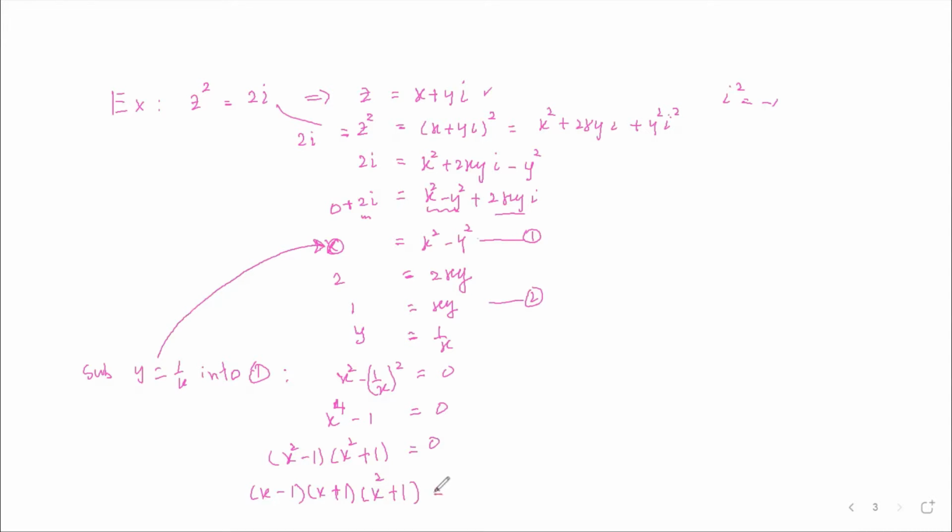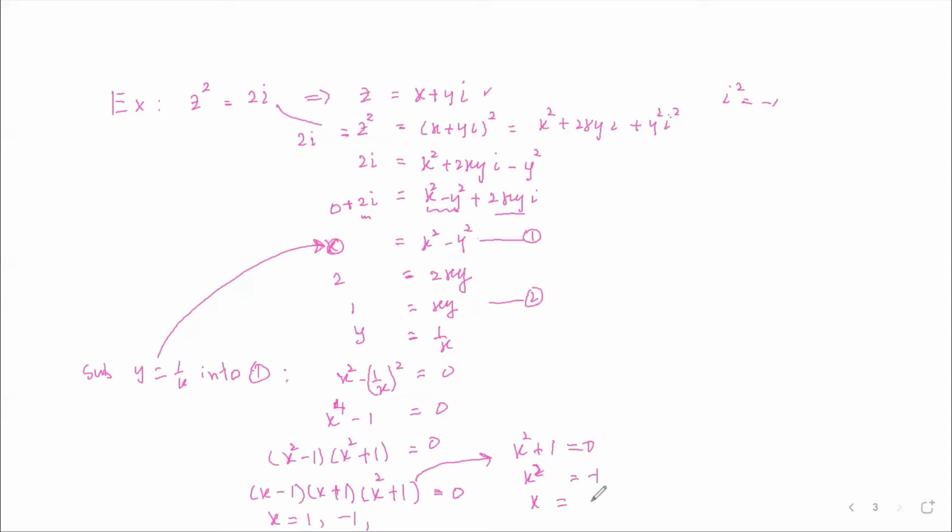So from these three brackets, we got x equal to 1 or -1, or this bracket, x squared plus 1 equal to 0. So we have x squared equal to -1.